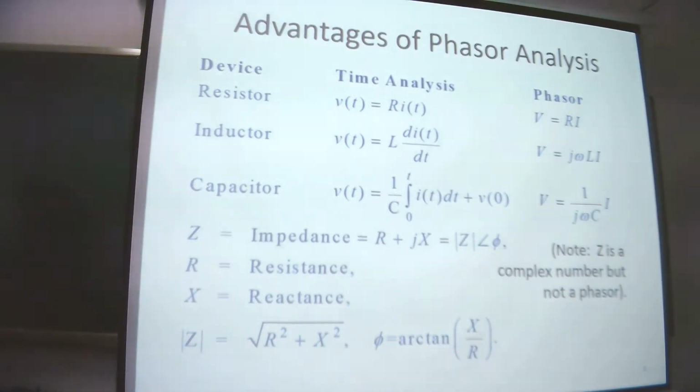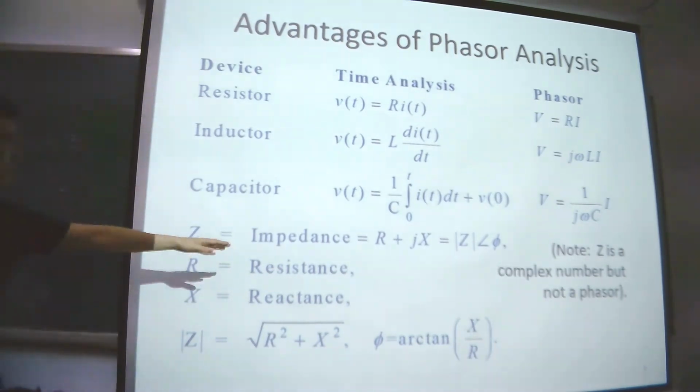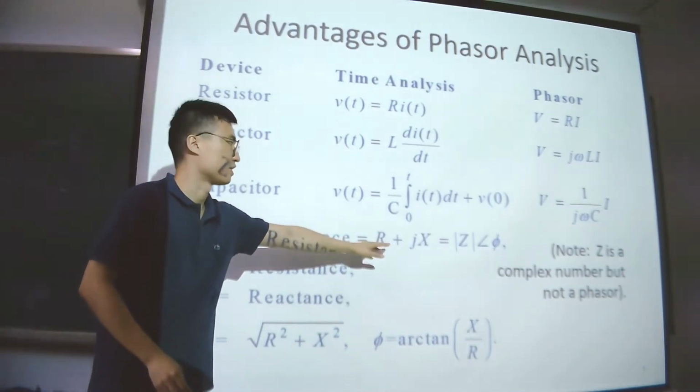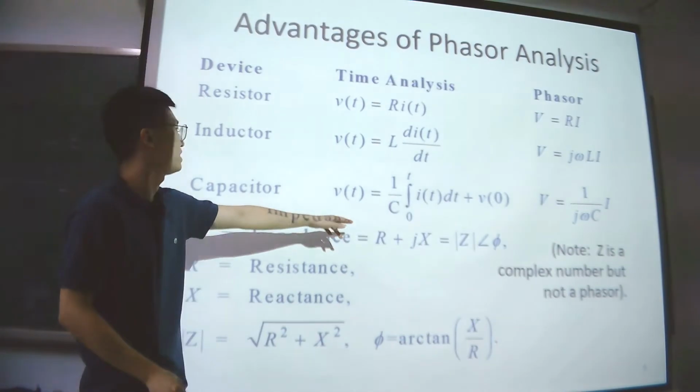Okay, so you see the resistance and reactance are also in the same form. If we consider these two, we get the impedance Z, right? The real part is the resistor, right?